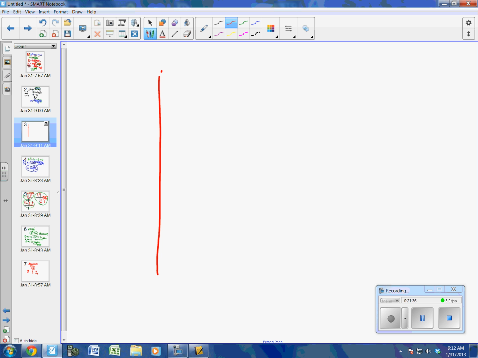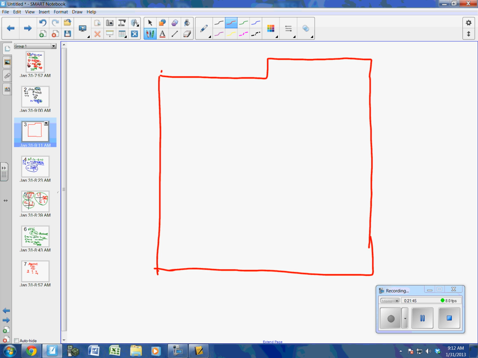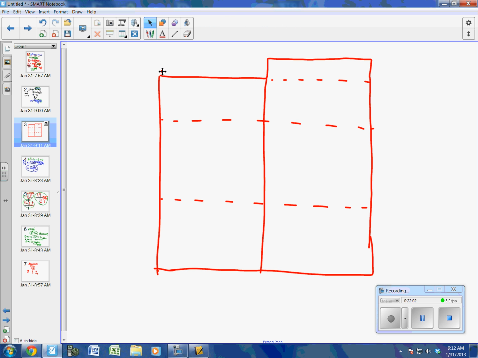Okay, now that you have made your foldable, this part says the discriminant is.